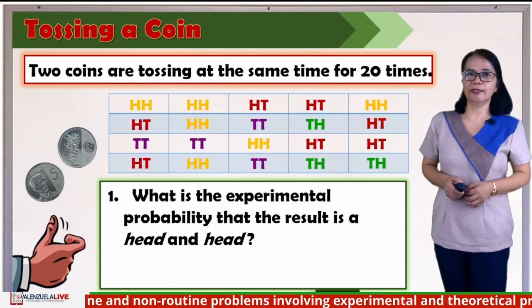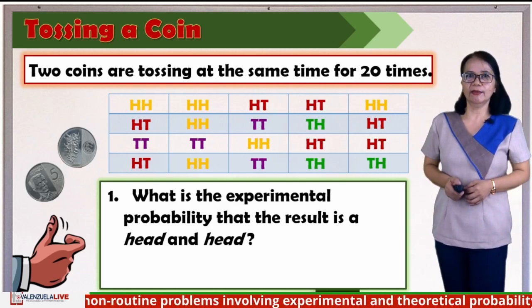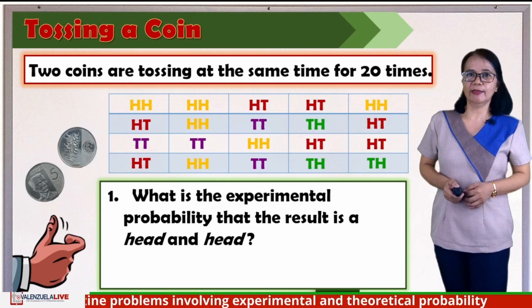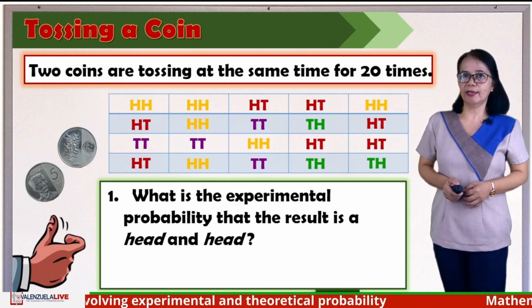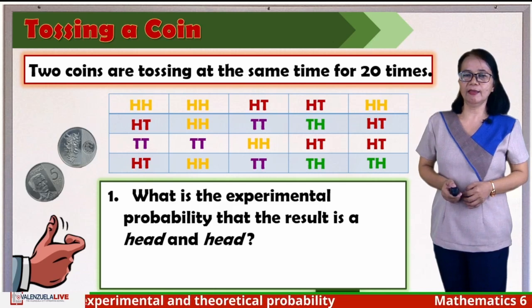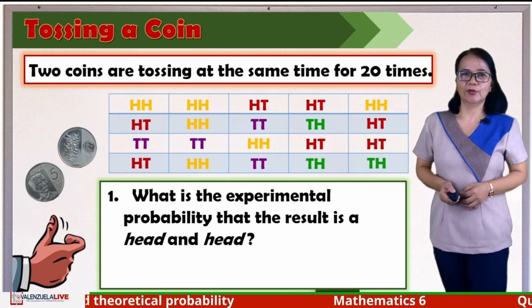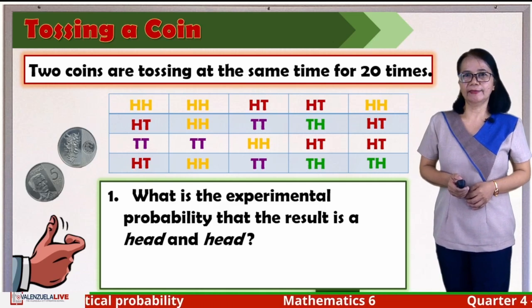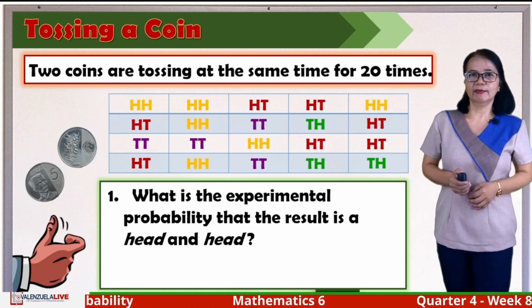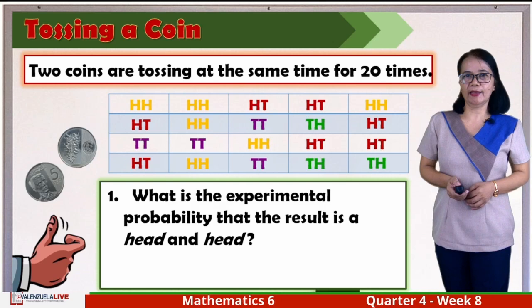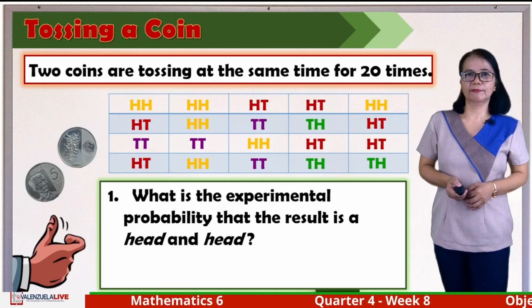Row 2, head and tail, head and head, tail and tail, tail and head, head and tail. Row 3, tail and tail, tail and tail, head and head, head and tail, head and tail. Row 4, head and tail, head and head, tail and tail, tail and head, tail and head.